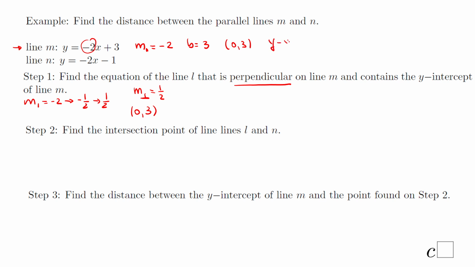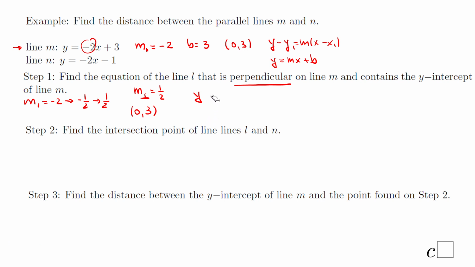y minus y1 equals m times x minus x1. So I'm going to have here y minus y1 is 3. Well, in fact, we can really use y equals mx plus b here, because we have the y-intercept. We don't really need that, so let me erase this.